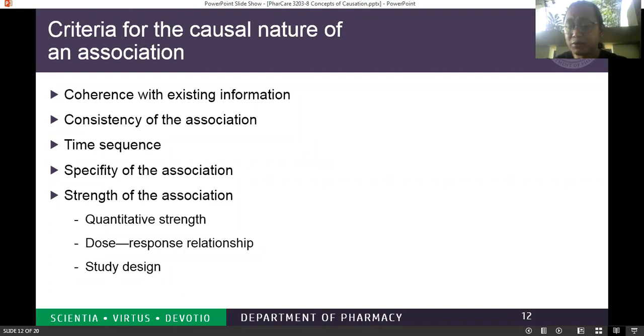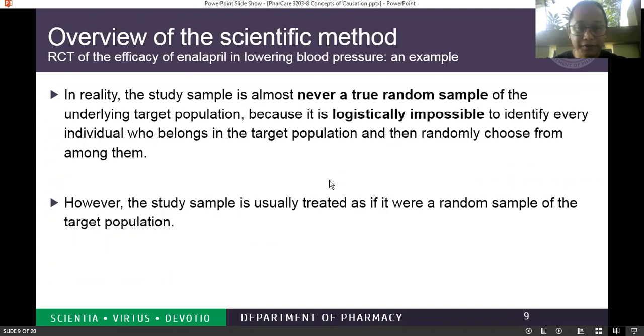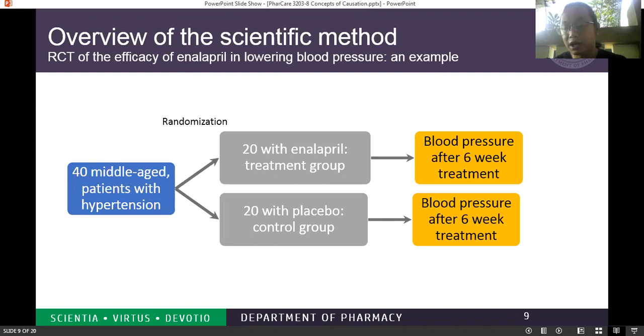And then the time sequence, or the temporality. So in the previous example about this RCT, the enalapril RCT, we are sure about the temporality because the enalapril as a cause happens before the results, before the effect.